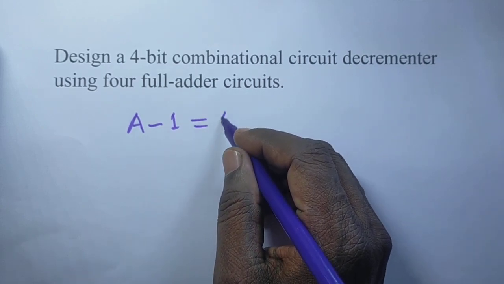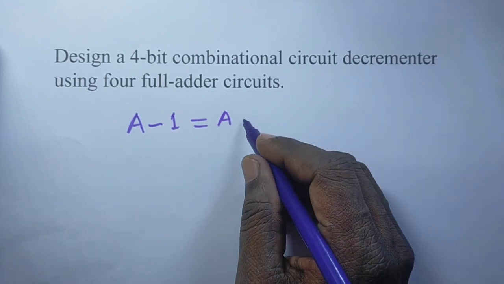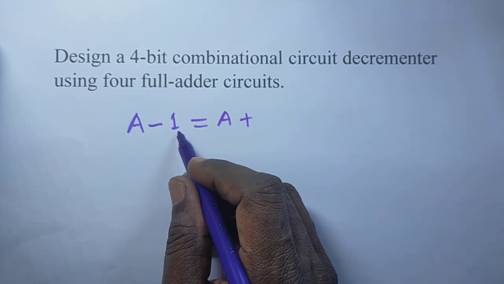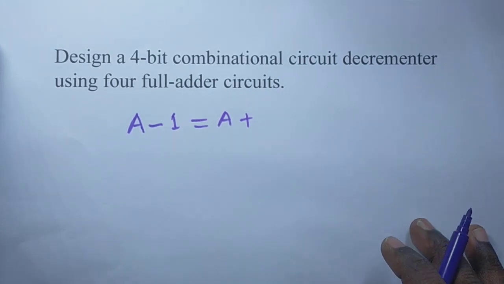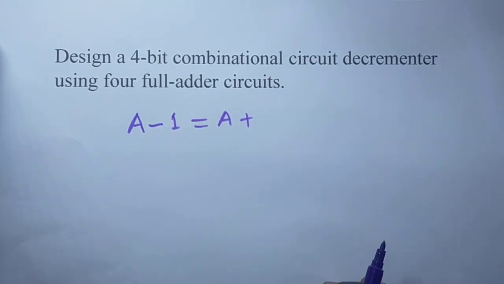See, we can write the A value. But whenever we go through minus 1, we have already discussed that minus value means the 2's complement. Here minus 1 means the 2's complement of 1.